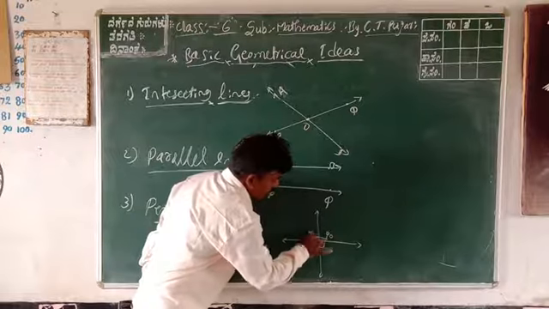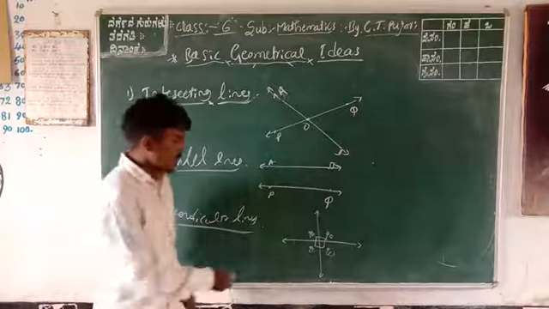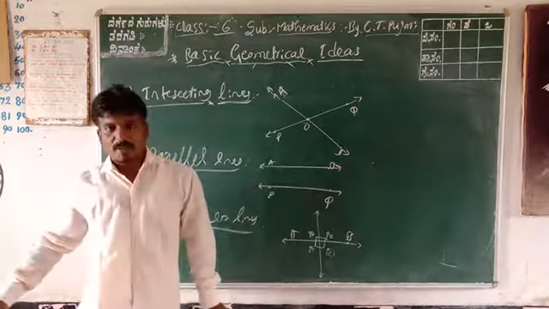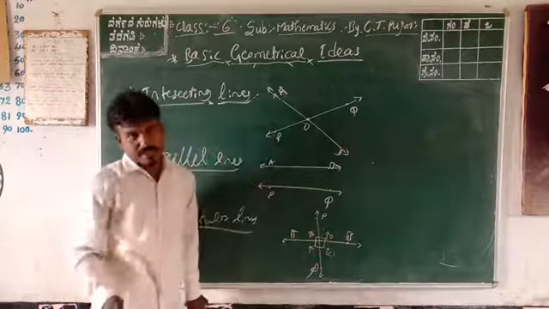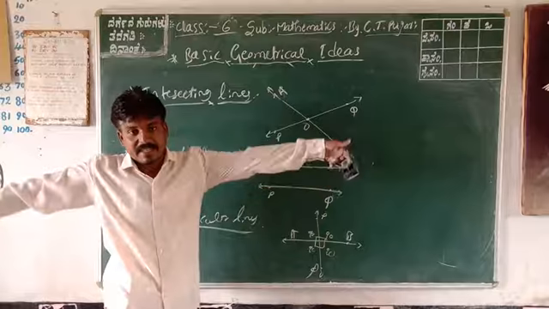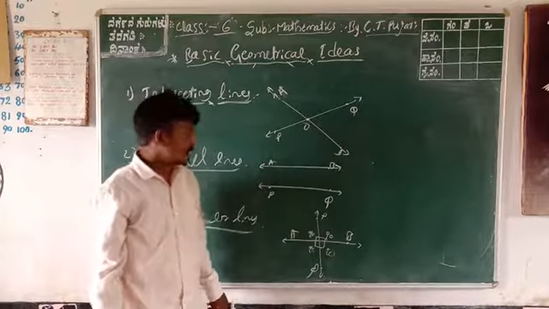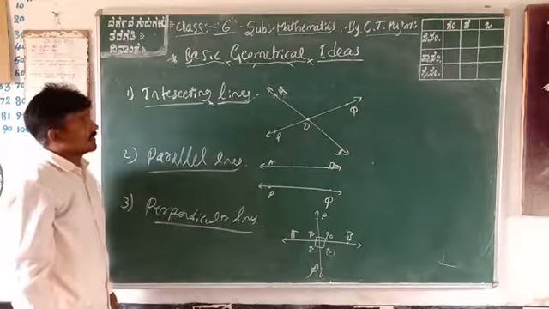AB line is horizontal to the earth's surface, but PQ line is vertical to it. Your Cartesian plane x axis and y axis are a perpendicular intersection. That is perpendicular lines, parallel lines, intersecting lines. These are our lines.